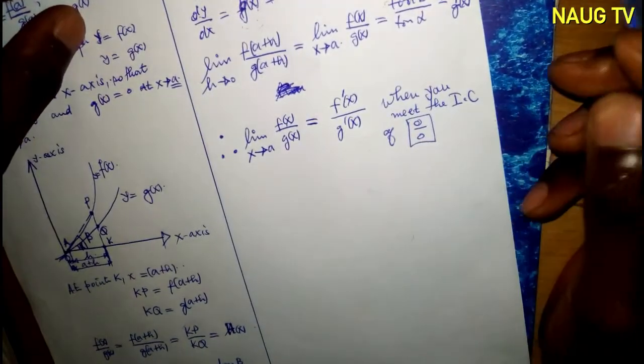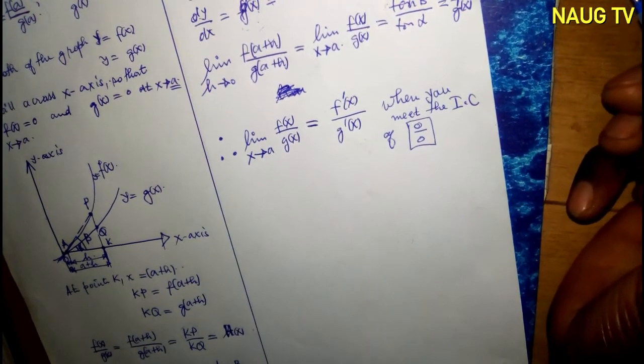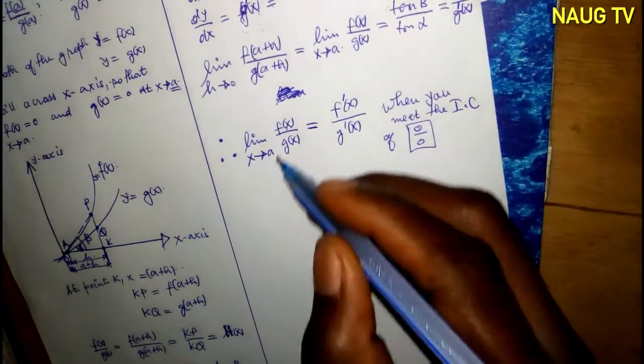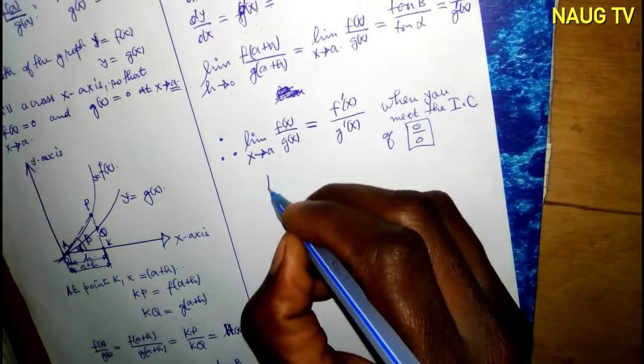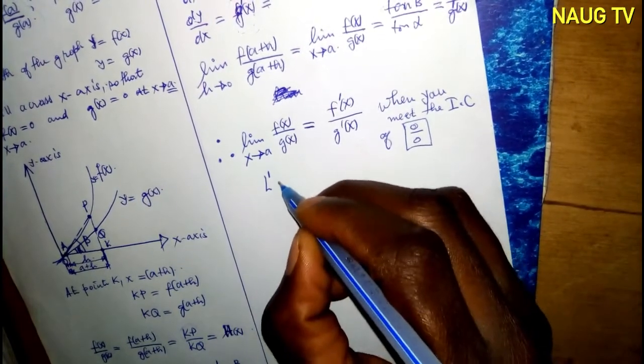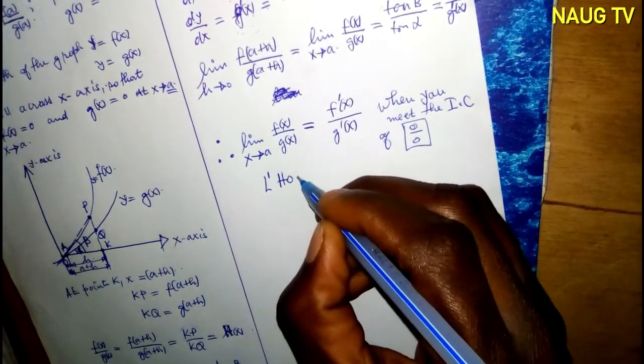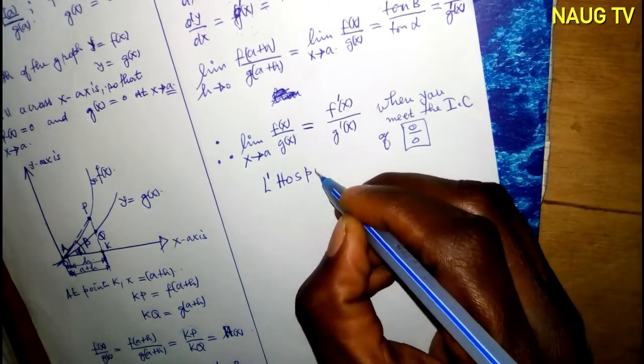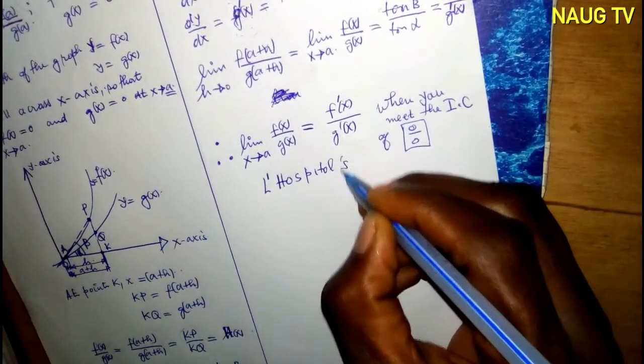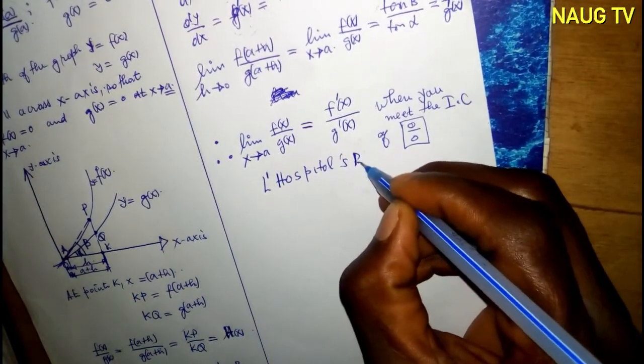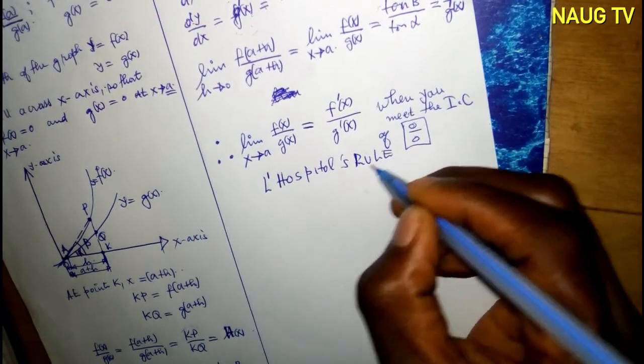That is what's called L'Hospital's rule, L'Hospital's rule for 0 over 0.